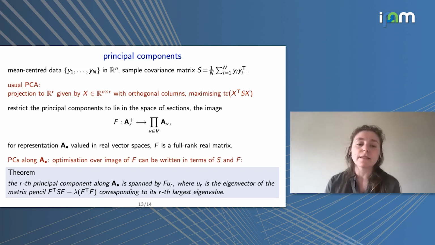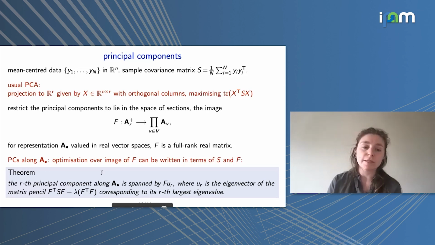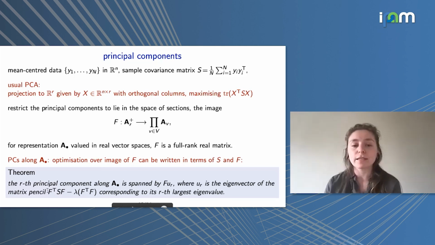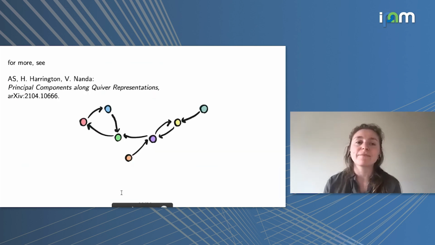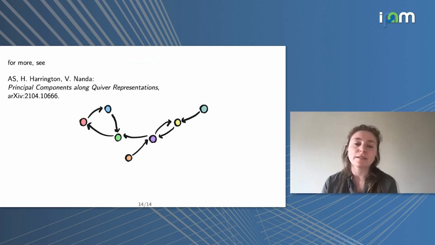So we can see that it's both the covariance matrix S, but also the map parameterizing the sections that plays a role in determining the different principal components here. All right, and yeah, that's the paper if you want to see any more details, and thanks a lot for listening.